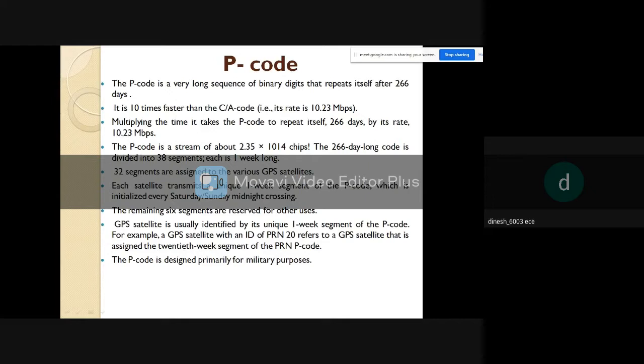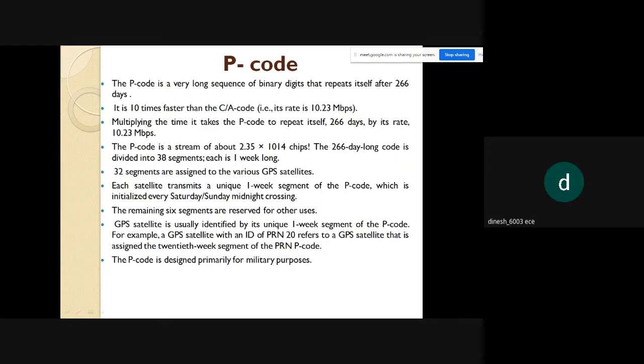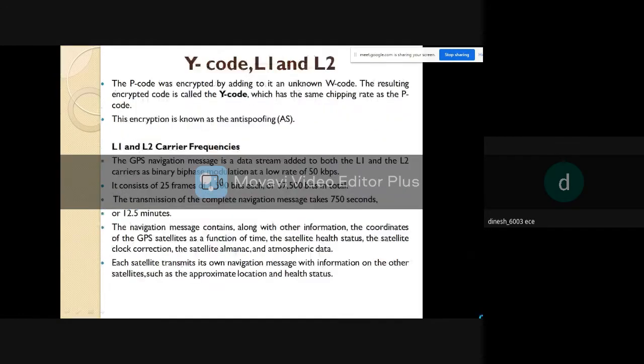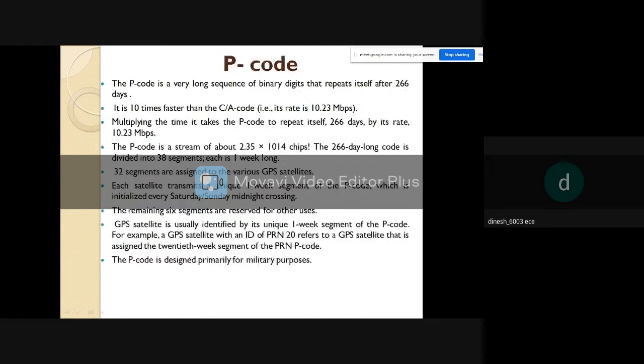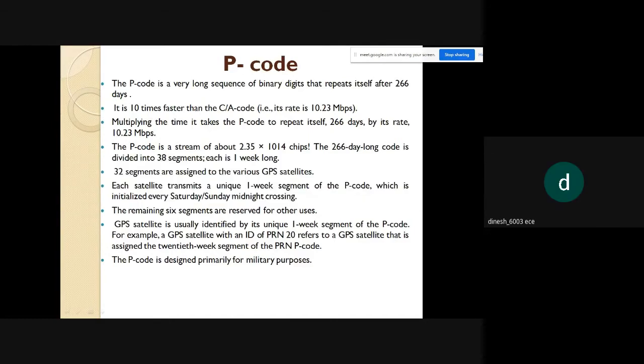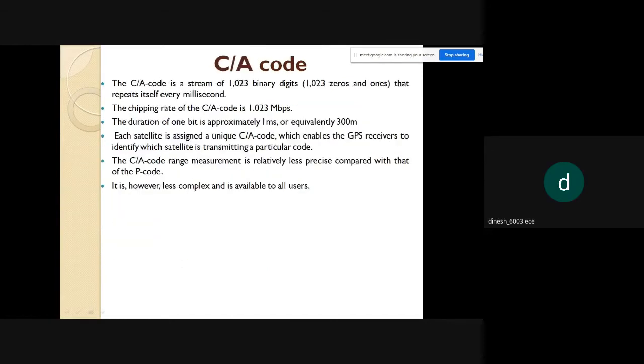If it is 18, it is the 18th week, and so it goes on. The main purpose of going for this P code was military purposes. The design was done for military purposes, whereas the C/A code was available for both civilian as well as military purposes.